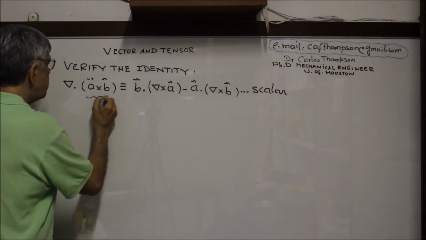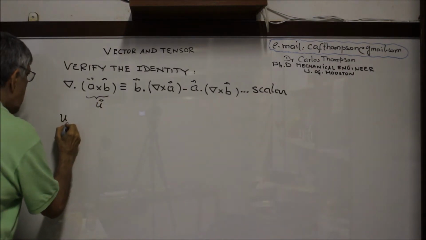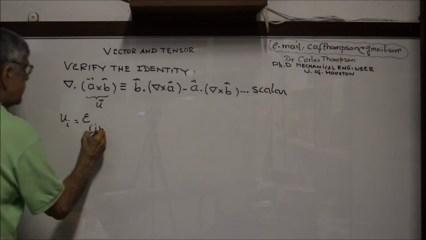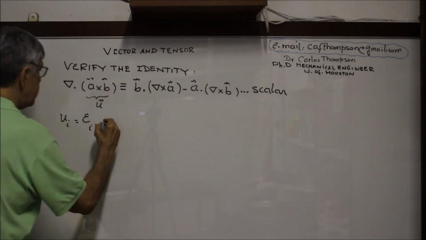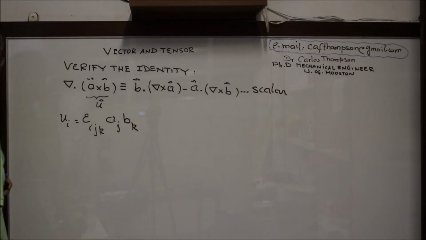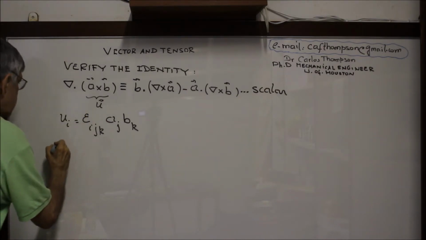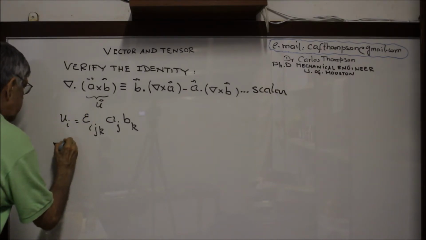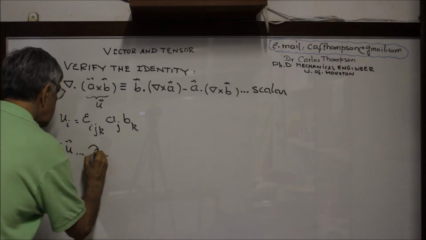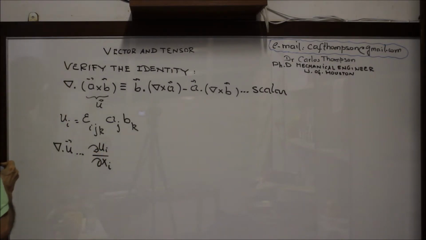Now, as we did before, let's call the vector u. So ui is equal to epsilon ijk AJ BK, which is a cross b. Now, the divergence of U will be the partial derivative of UI with respect to xi.